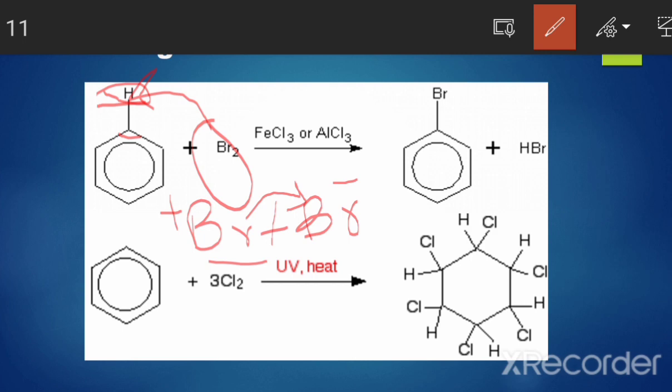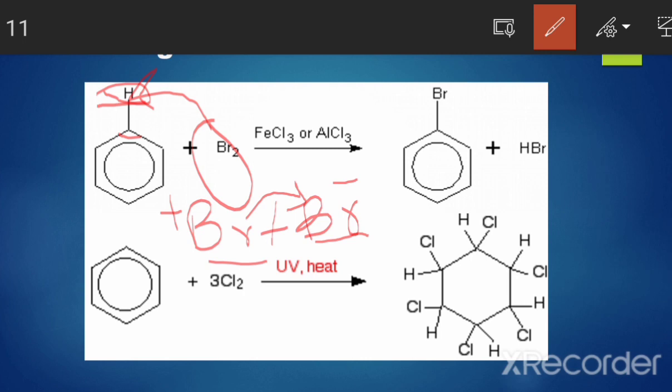The bromine that gives its electron to the other bromine will convert into positive ion, and the bromine that accepts electron from other bromine will convert into a negative ion.